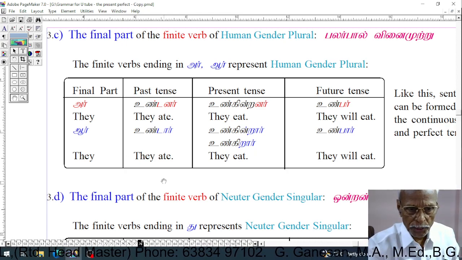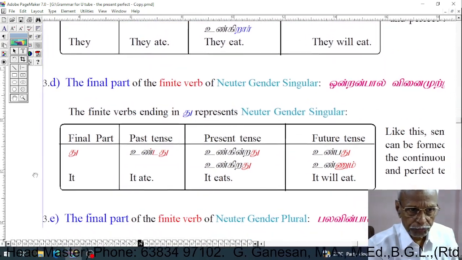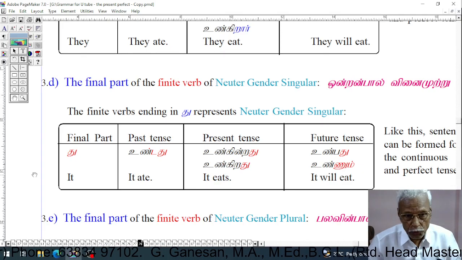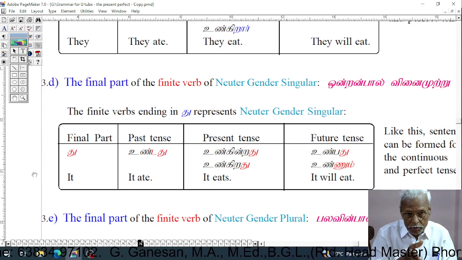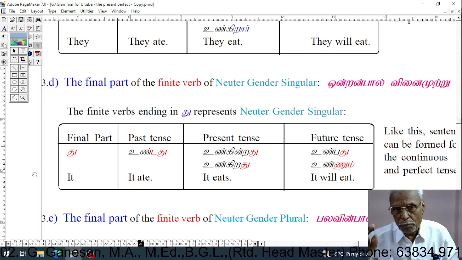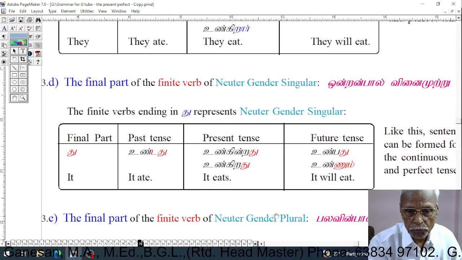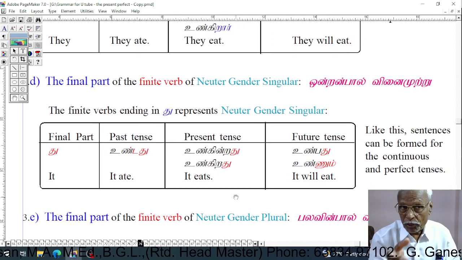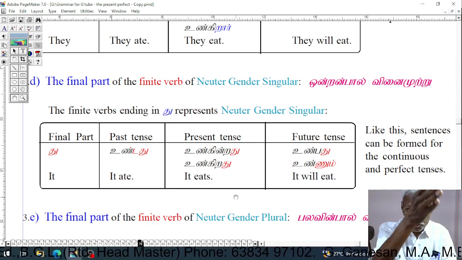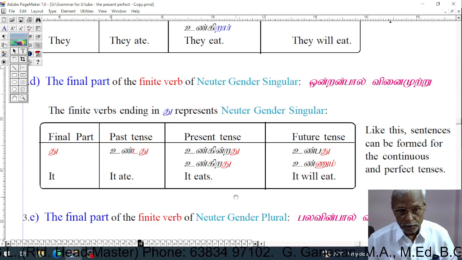Then let us see the final part of the finite verb of neuter gender singular. ஒன்றன்பால் வினைமுற்று. The final part of the finite verb of the neuter gender singular.